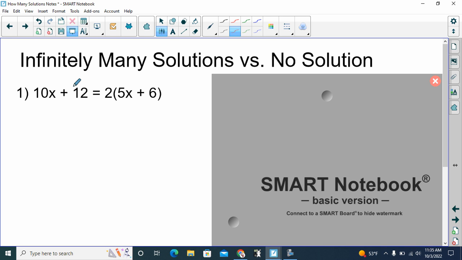The good news is there are no new steps in solving this equation or any of the equations. The entire lesson that we're doing today, we're solving equations the same way that we've been solving them. So here's my equal sign right here. Looks like I've got a number in front of the parentheses. So we are going to use the distributive property to do 2 times 5x and 2 times 6.